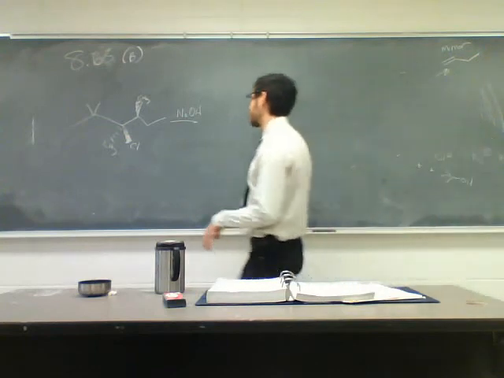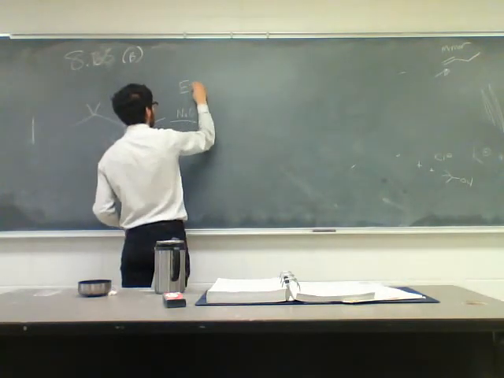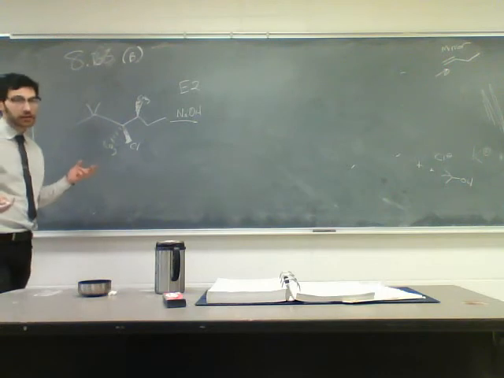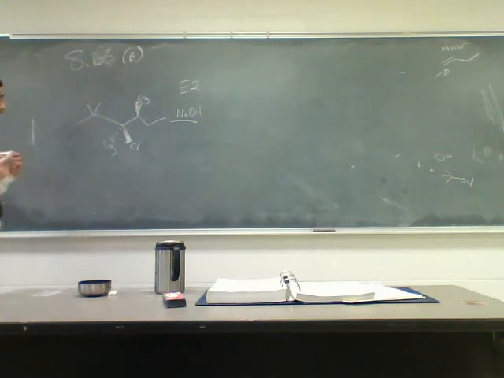So we're told that this is an E2. Our first step should be seeing which hydrogens are there for us to attack. We want to find all the beta carbons and look for any beta hydrogens, because that'll help us figure out what potential products we have.